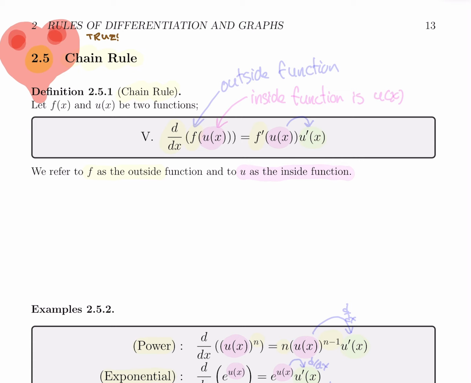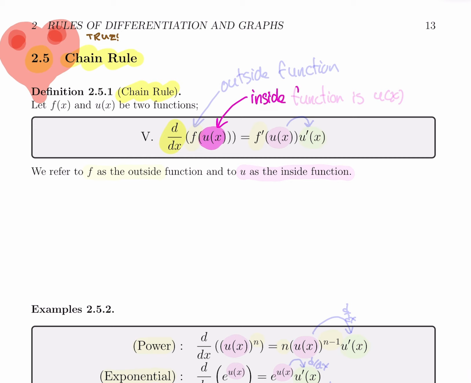For that case, we're using the chain rule. So the chain rule is the last rule of differentiation. So what is the chain rule? The idea here is that we have two functions, f of x and u of x, and we want to compute the derivative of f at u of x. So here, u of x is a function inside f of x. So we have this inside function.